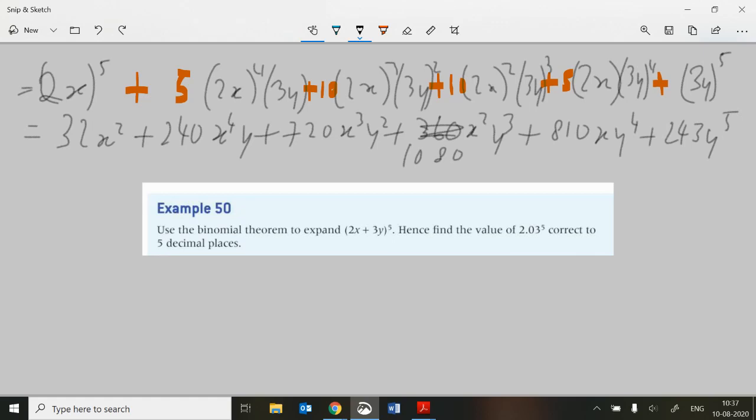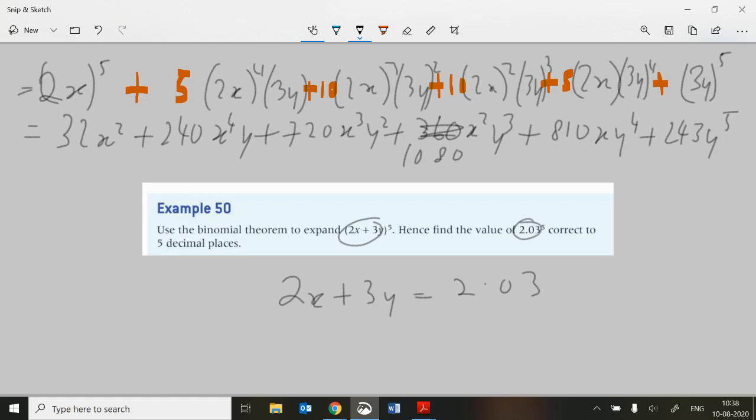Okay, so there we go. There's that. And it says, hence find the value of 2.03 to the power 5, correct to 5 decimal places. So you should basically equate this to this. This is like trying to look at two things and say, well, how are they the same? Now, this is an equation with 2 unknowns and 1 equation.